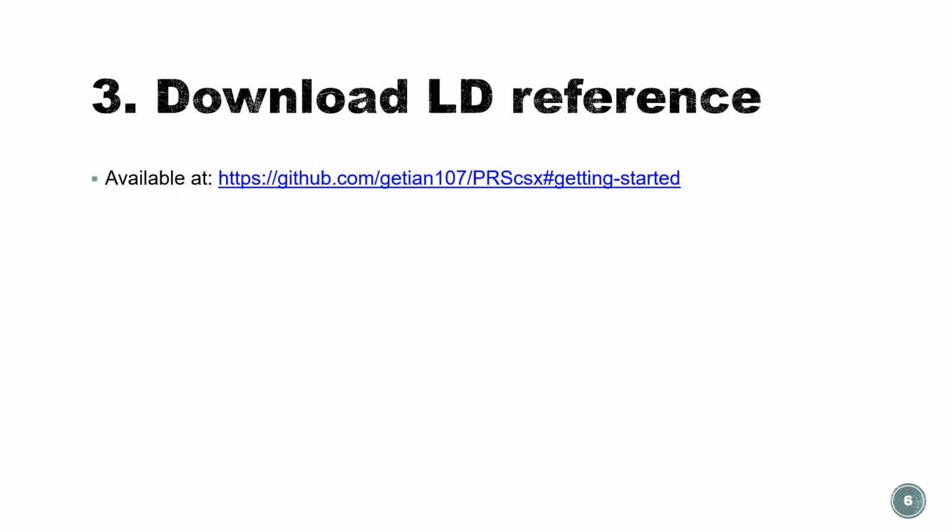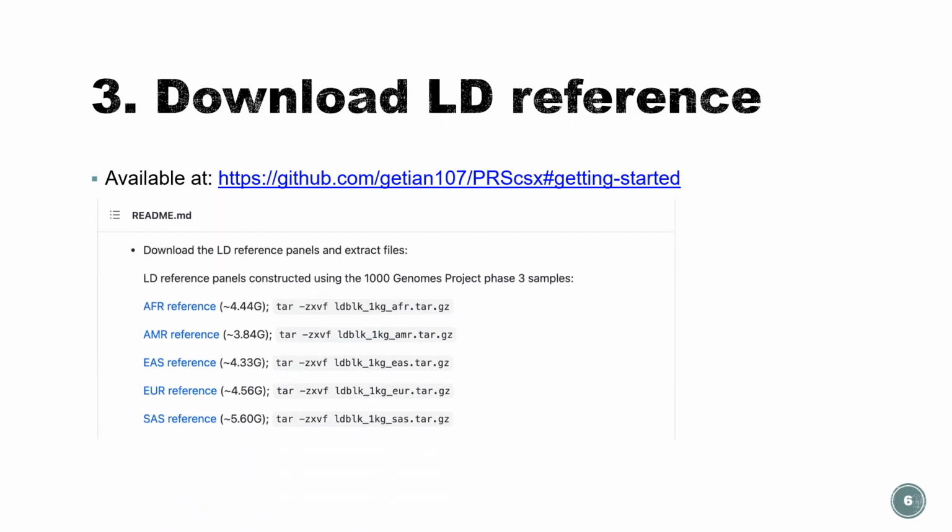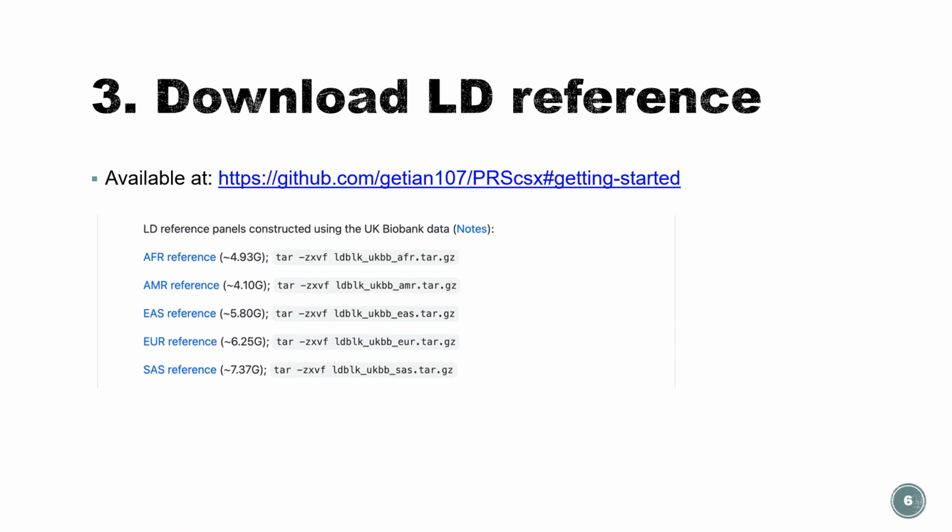Next, download the LD reference. We provide the pre-calculated LD reference panel link in the README Getting Started section. We have LD reference calculated from 1000 Genomes and LD reference calculated from UK Biobank samples.